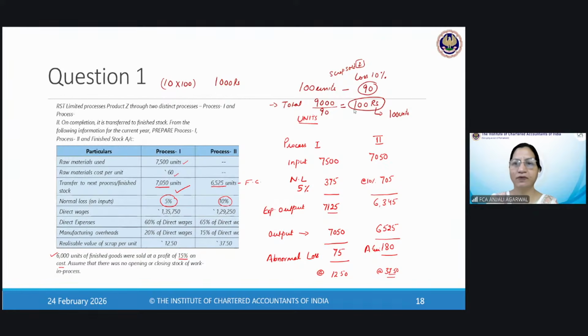So I am having 10 units extra at 100 rupees. But just because I have these 10 units extra, I have zero scrap. So the 20 rupees which I should have got as scrap value, I haven't realized. So truly speaking, my profit is 980, not 1,000. Okay, got it?